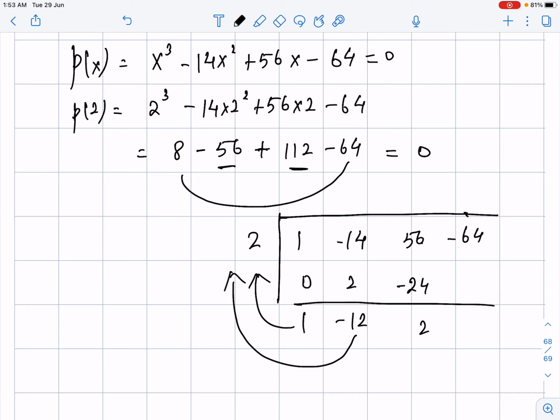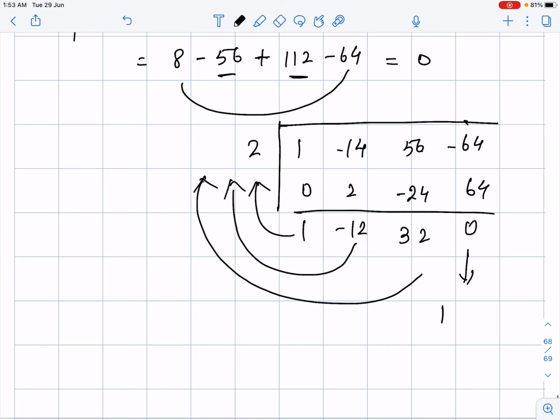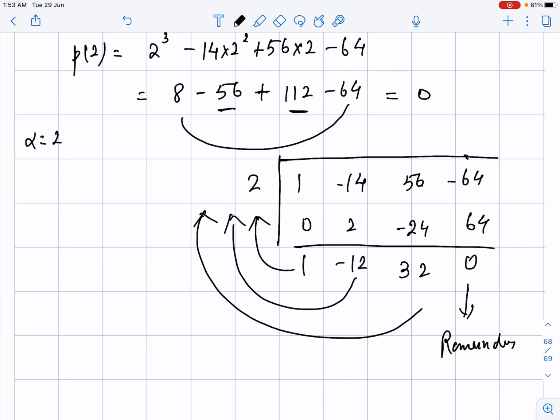Then we get 32 multiplied by 2, plus 64. So remainder is 0. Wow, awesome. So guys, remainder is 0. That means what? The alpha value I already achieved it as 2.